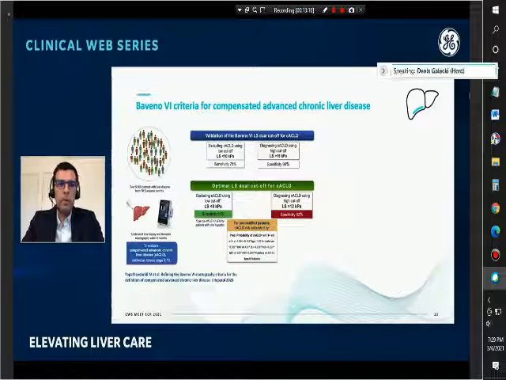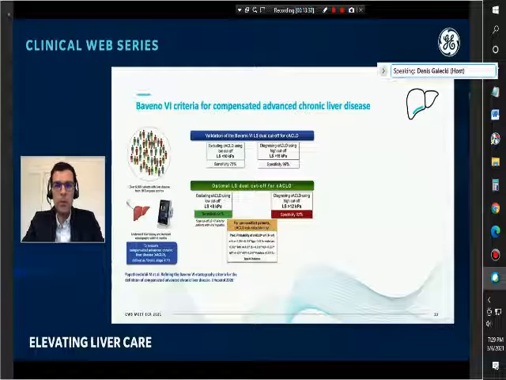In 2015, in a consensus published in the Journal of Hepatology, the cutoffs for ruling in and ruling out advanced chronic liver disease were empirically set at 10 and 15 kPa for FibroScan.